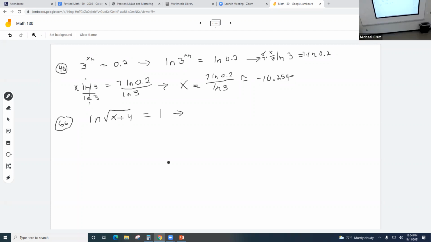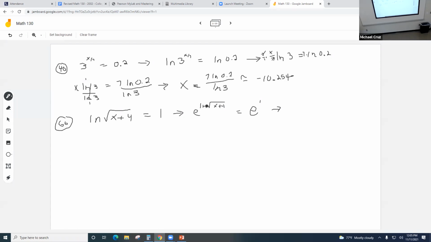Remember how we were taking the power out of the exponent? Well, let's put them back in the exponent. So e to the ln of x plus 4 is equal to e to the 1, all right? Both have the same base now.